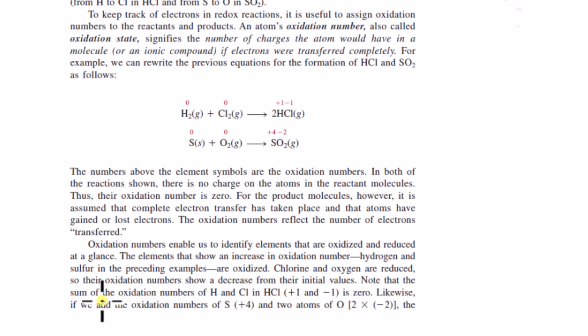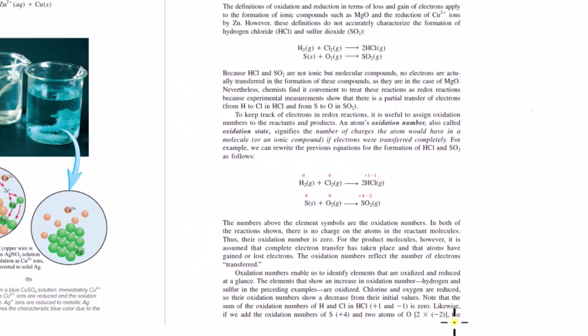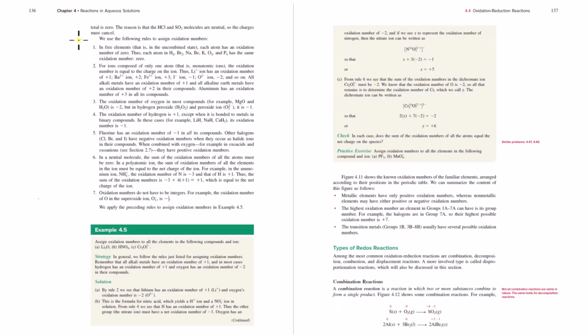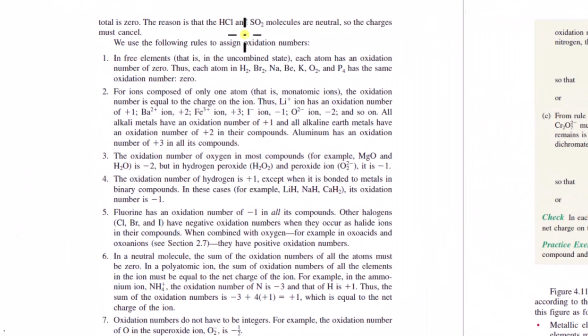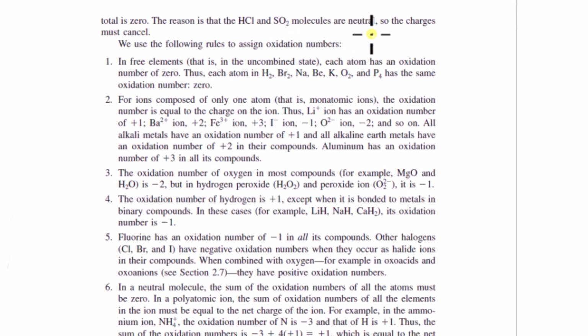Note that the sum of the oxidation numbers of H and Cl in HCl, the +1 and the -1, is 0. Likewise, if we add the oxidation numbers of the sulfur, +4, and the 2 oxygen atoms, so 2 times -2 is -4, then the total is 0. The reason is that HCl and SO2 molecules are neutral, so the charges must cancel.